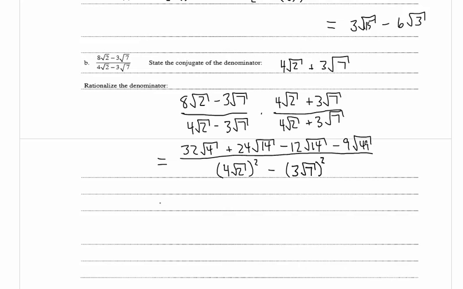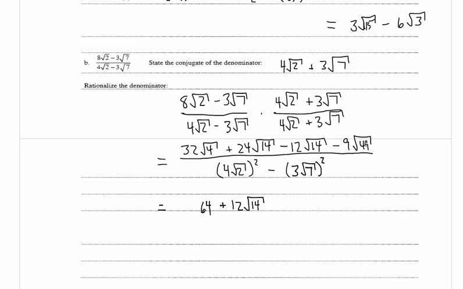And now I'm going to simplify this. So we have, in the numerator, 32 times the square root of 4. The square root of 4 is 2. So we have 32 times 2, or 64. And then I have like terms here. I have 24 square root of 14 minus 12 square root of 14 gives me plus 12 square root of 14. And now I have 9 times the square root of 49.